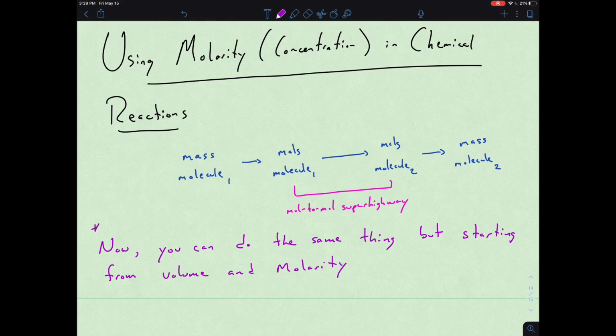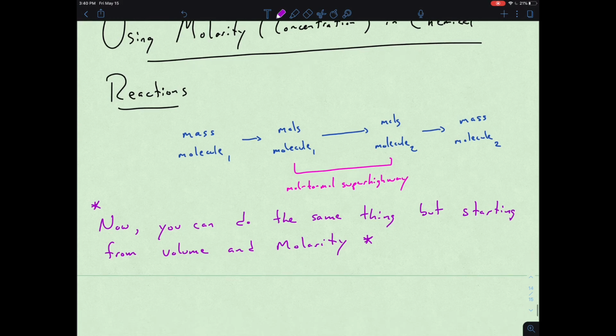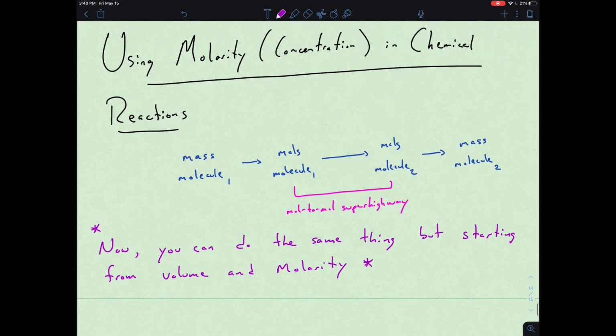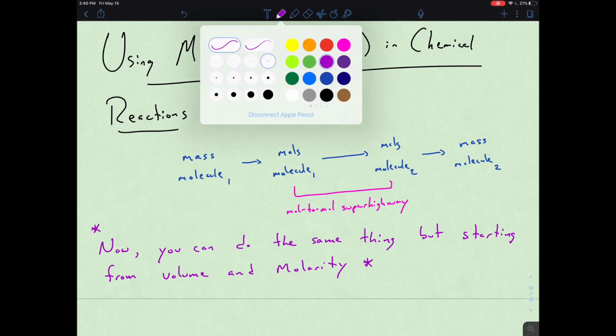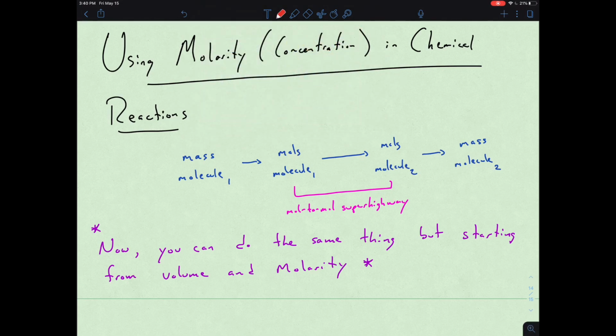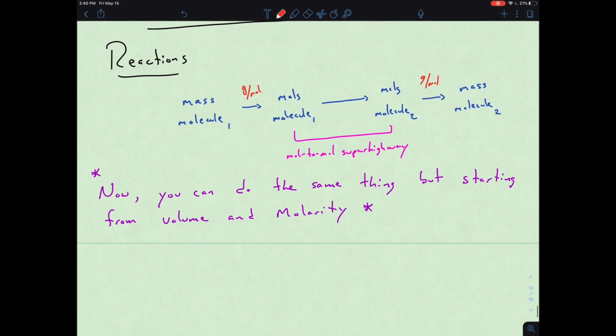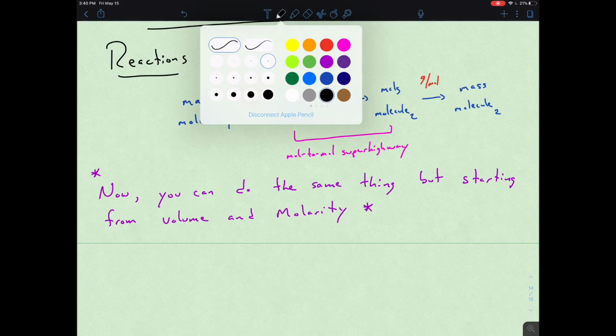So just like we could use mass and molar mass to get to moles, well, now we have a new way, right? We can use volume and molarity to get to moles. So above, we would see this idea of grams per mole in these two last conversions, right? I'm sorry, the first and the last conversion. Now what we see in terms of concentration is something that's similar, just a little bit different, right?